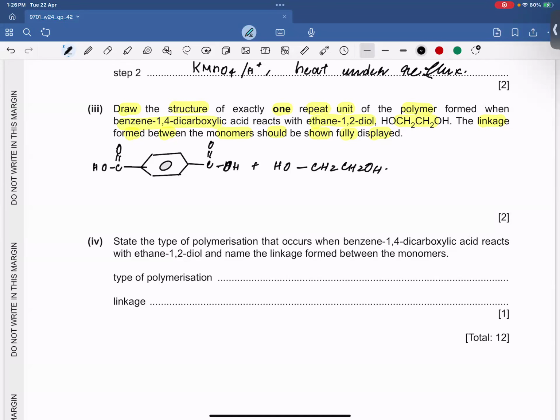So what we have discussed in the class is that in order to make an ester, the carboxylic acid loses OH, the alcohol loses H, and as a result water is formed. From here also OH will go, from here H will go.